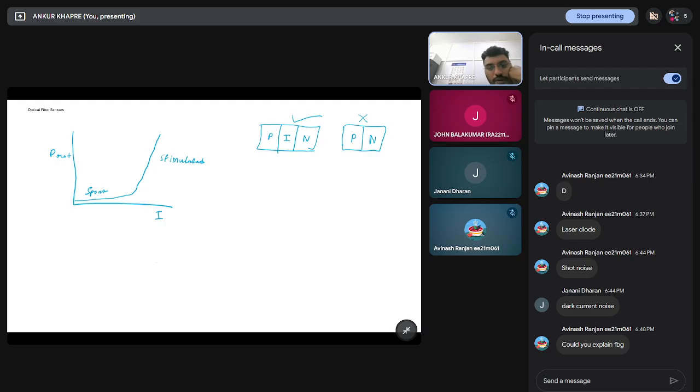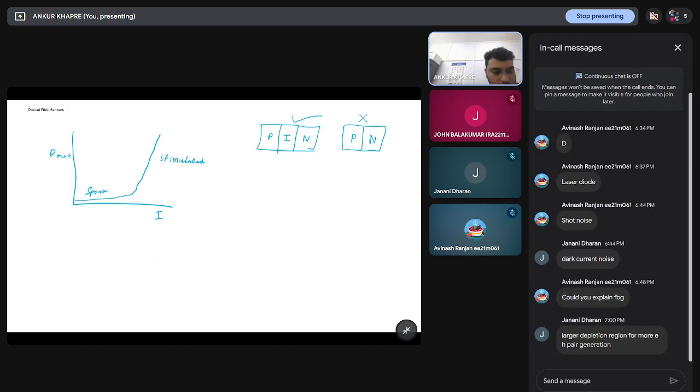Why is PIN important, and why is the I, the depletion region, very important compared to directly using a PN junction? Anyone? Please type also. I'm seeing the chat also. Larger depletion for more electron and hole pair generation.